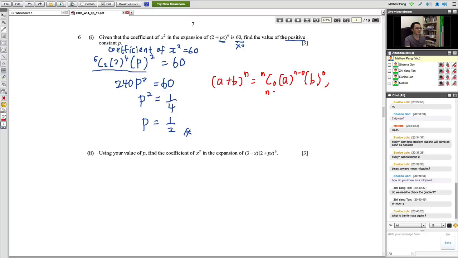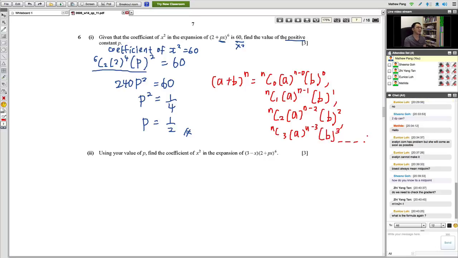Then continue nc1, a power of n minus 1, b power of 1. Then nc2, a power of n minus 2, and b power of 2. And then I keep on continuing nc3, a power of n minus 3, b power of 3, and continue until infinity lah, depending on what you want. Okay?